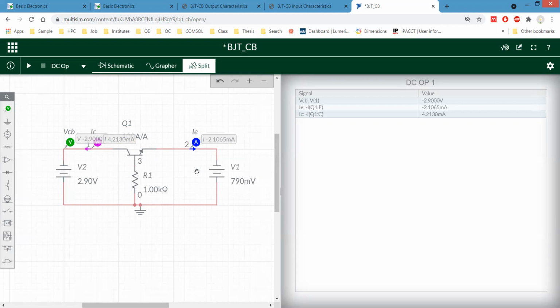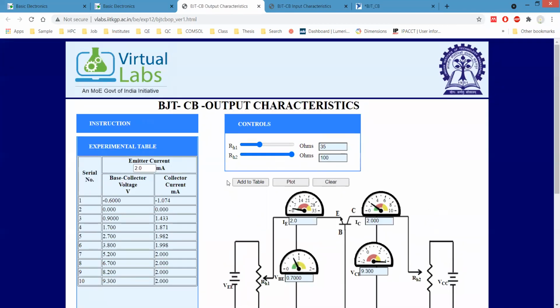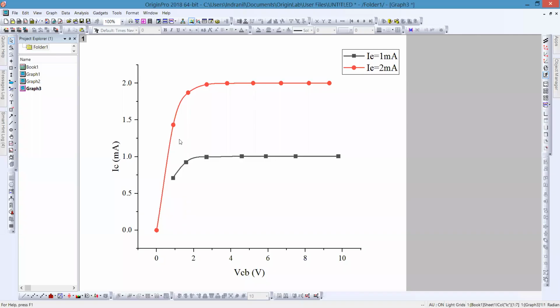So anyway, we have done this same output characteristics experiment in the VLab one. I think you can understand the nature of the curve. It is like this. If it is working, then I will show you in the next lab.